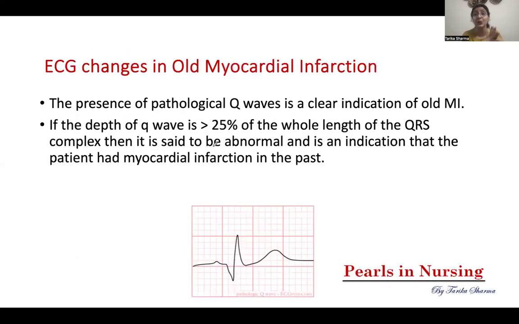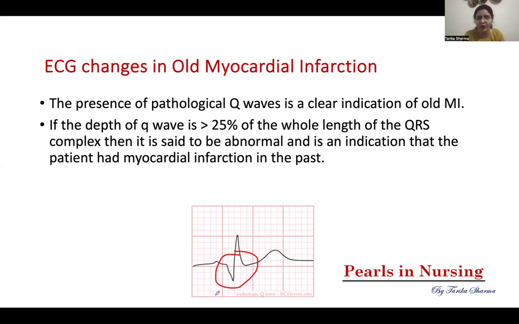Then we talk about the old myocardial infarction, right? A patient might have had a heart attack or myocardial infarction today, or after 10 years, if the person is coming to the hospital with something else and you get the ECG done, you observe that the person has a deep Q wave. Look here. Normally Q wave is not deep.